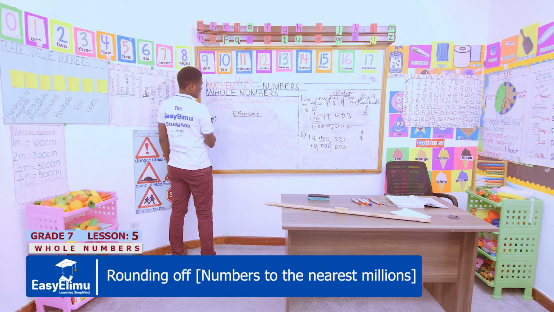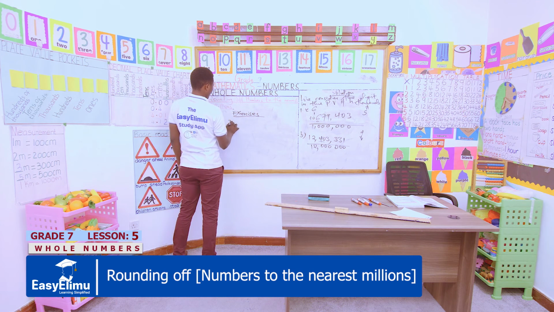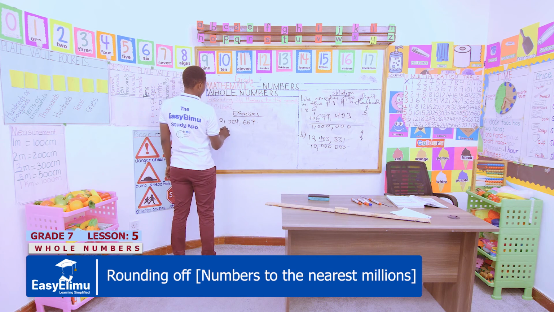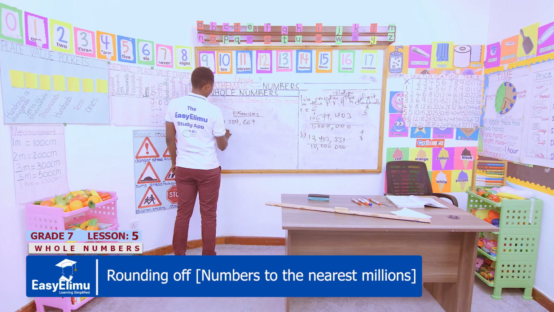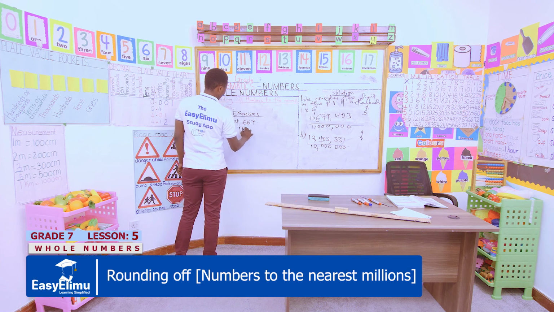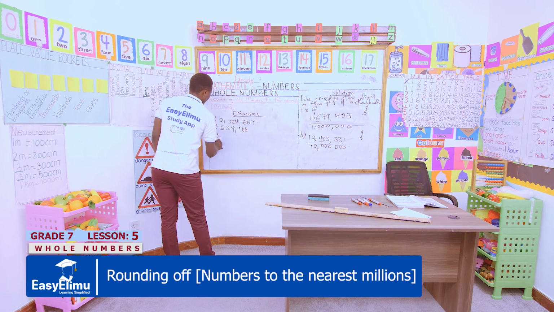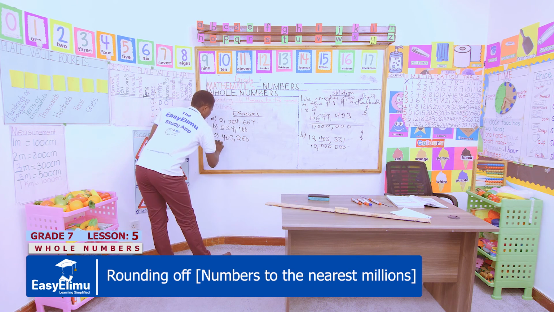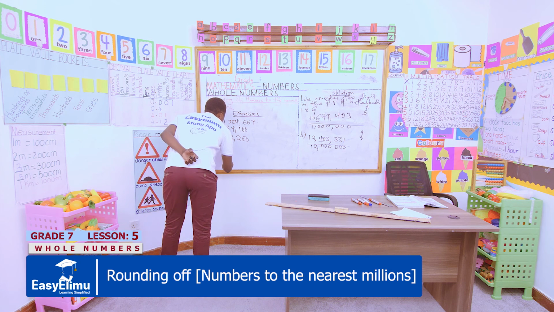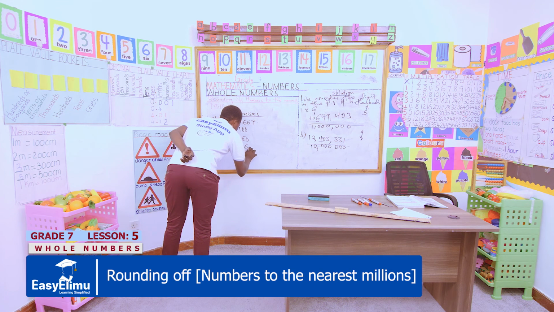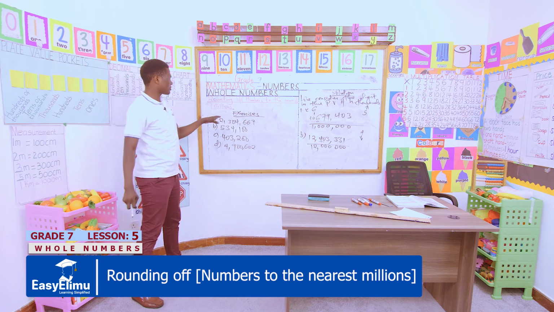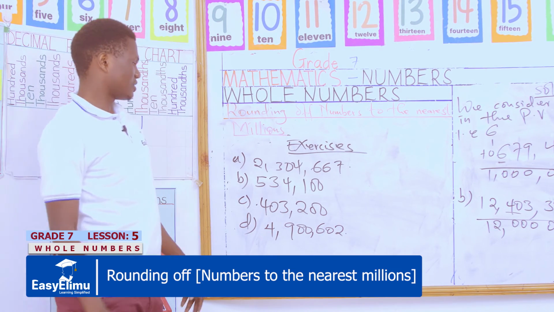Part A can have 2,304,667. Part B can have 534,100. Part C can have 3,200. Then part D, you can have 4,900,602. So try rounding all these numbers to the nearest million and see what you get.